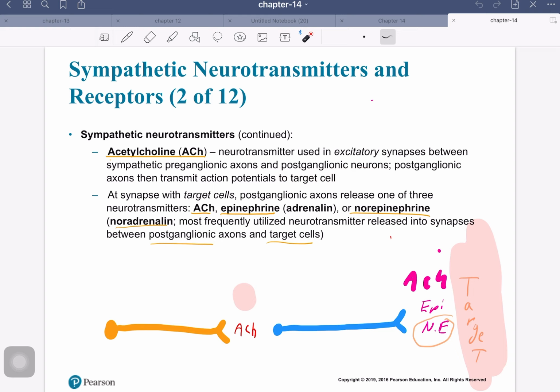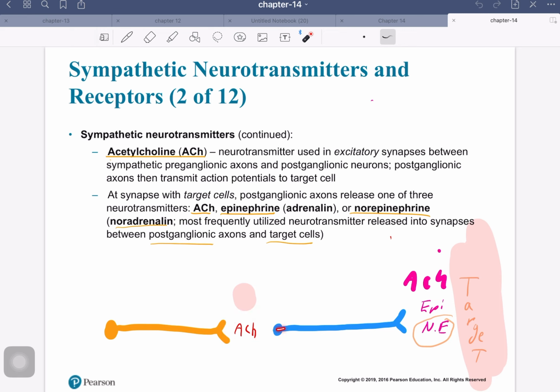Right? Okay, so we have a little drawing down here. Here's the preganglionic. There's the postganglionic. So between the preganglionic and postganglionic, what's released? ACH is the one that we see being released.